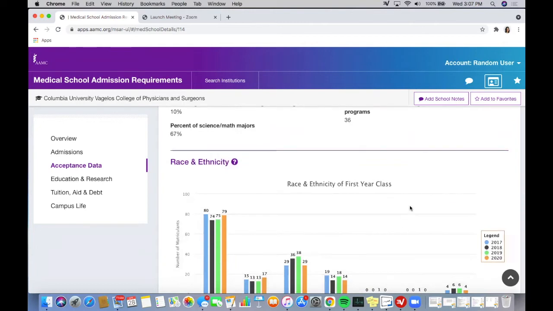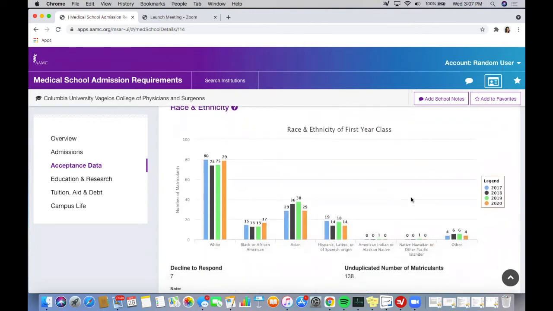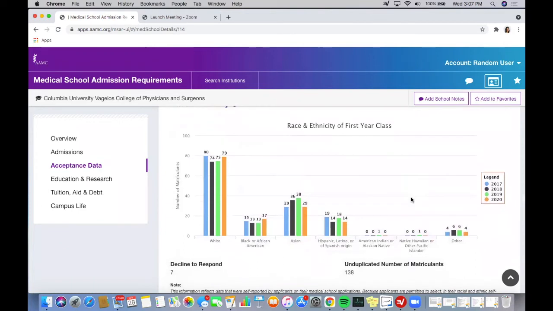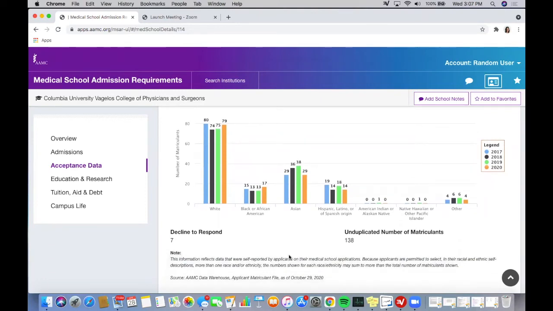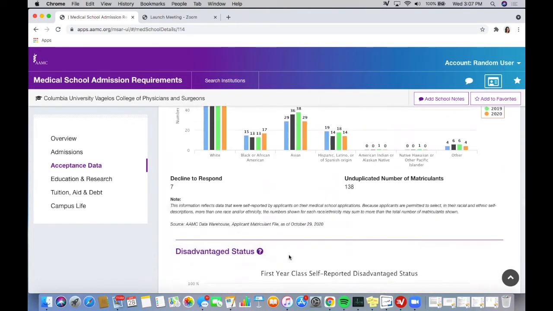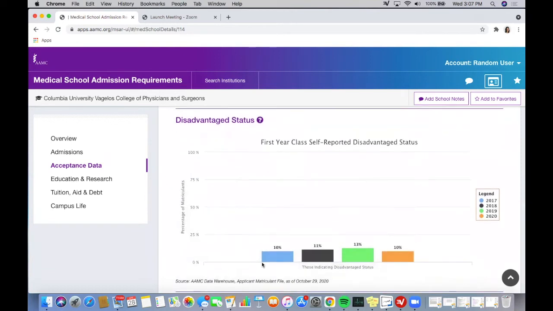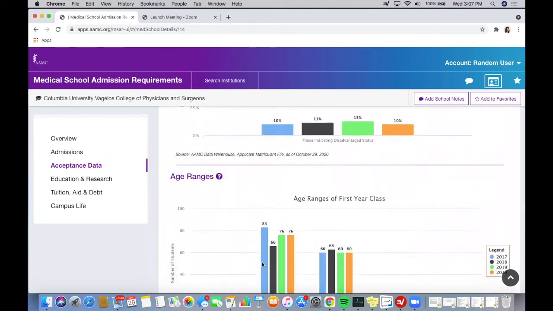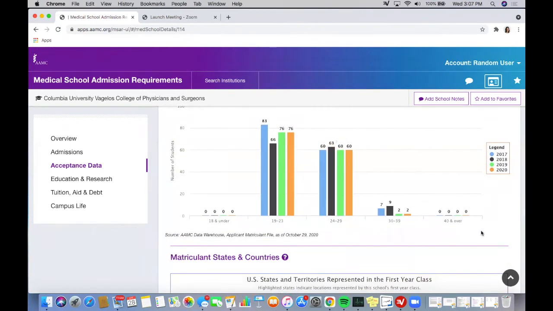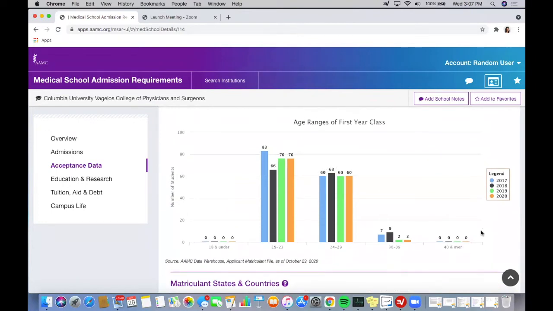Then you can see, based on race and ethnicity, what number of matriculants matriculated based on race and ethnicity. This is all self-reported, by the way. What percent were disadvantaged, and what were the age ranges of students.